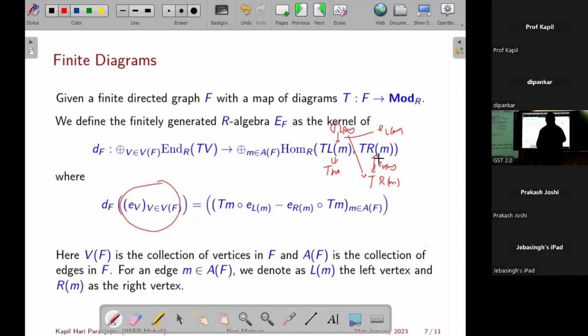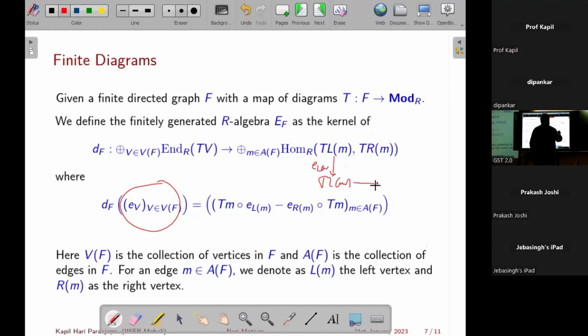Erase. So I can go ELM, I can go by E of LM.